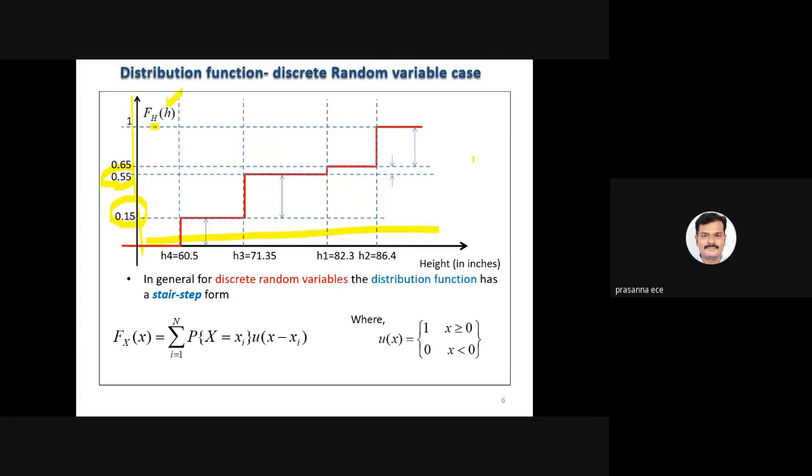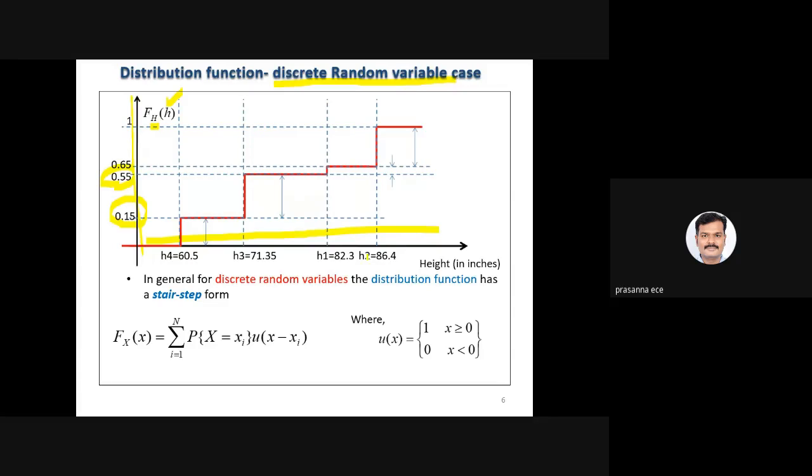I'm using this red colored graph. You can see a red graph going like a staircase. This particular distribution function is for a discrete random variable.